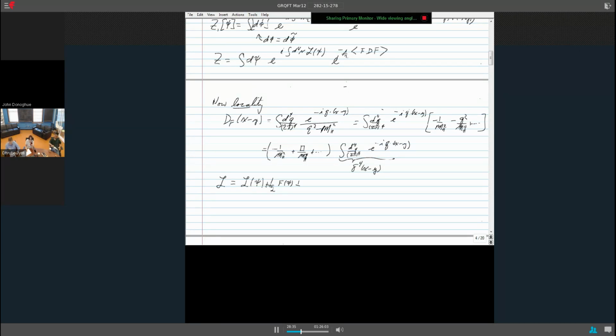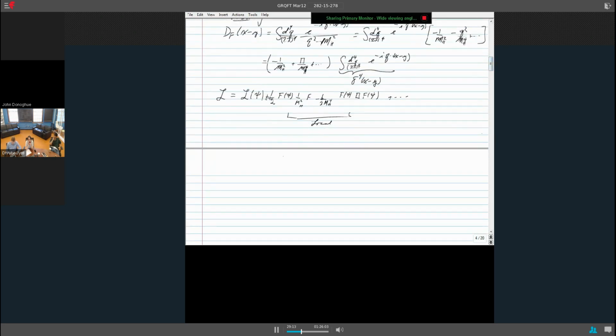So in this limit, I've replaced this by delta functions, and then L turns into L of psi plus, it's 1/2, that's plus 1/2 f of psi, 1 over m squared, f of psi, plus the next term would be minus 1 over 2 m heavy to the fourth, f of psi box f of psi, plus dot, dot, dot.